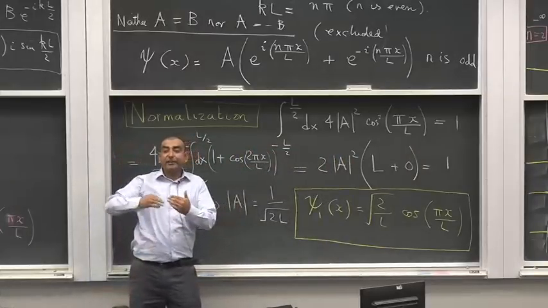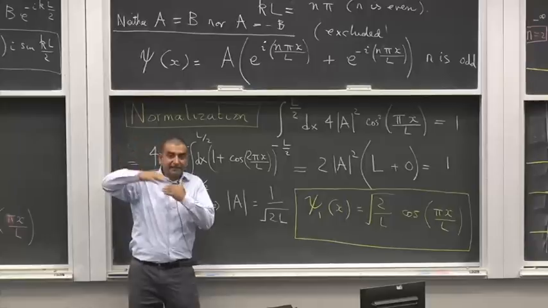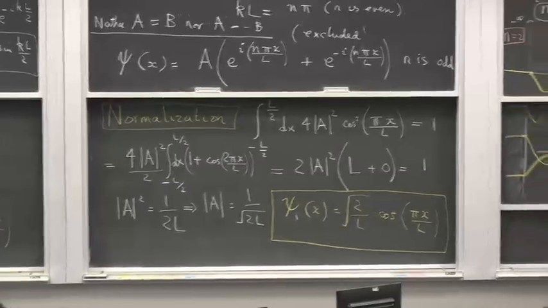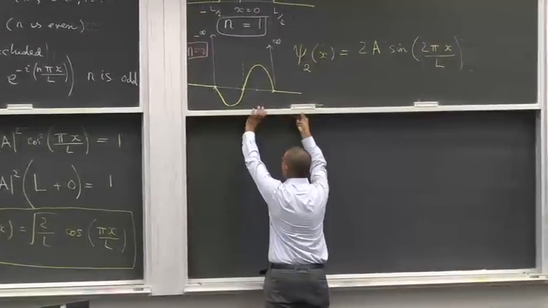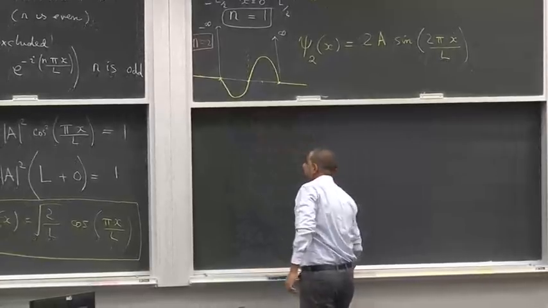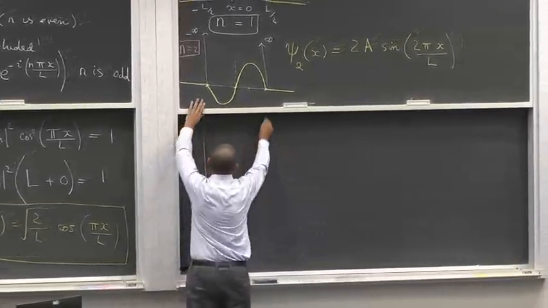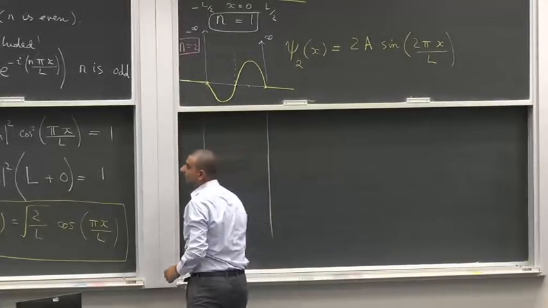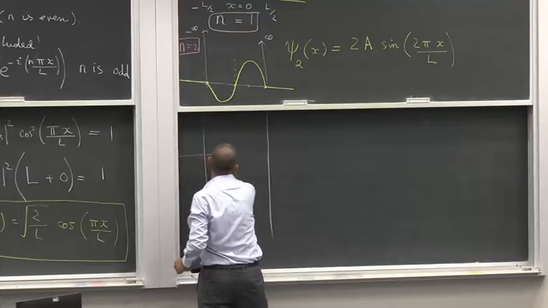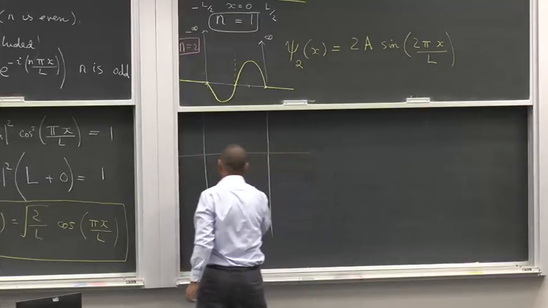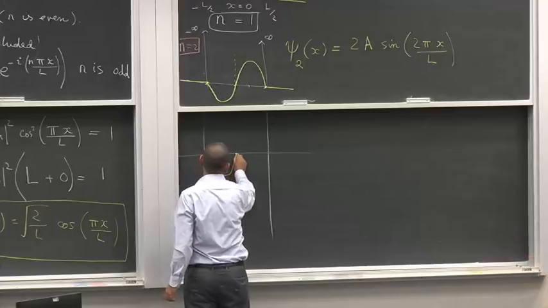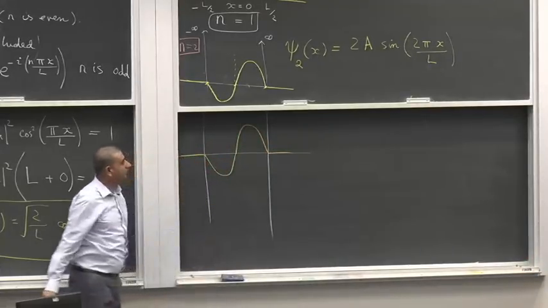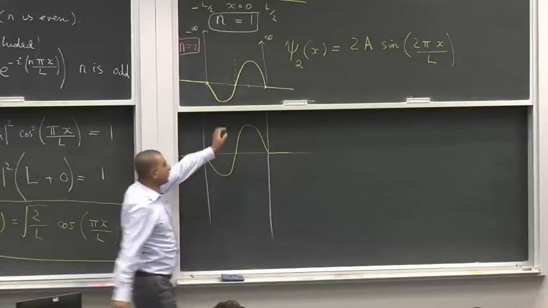Now let's look at the n equals 2 state, and let's look at the probability density of the n equals 2 state. Alright, so this is the wave function.